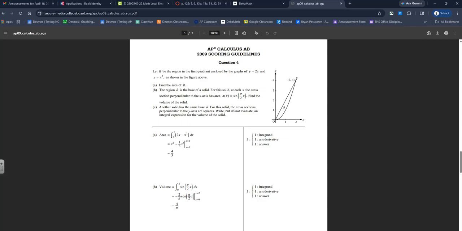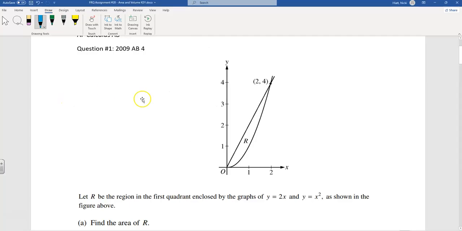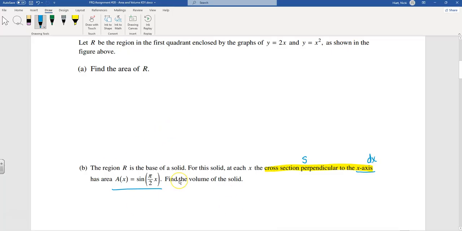Yeah, okay. So here, this is actually much easier than the cross-section problem because they've already given you the area, and it's in terms of x, right? It doesn't have an s or anything in there. So they've given you the area formula.